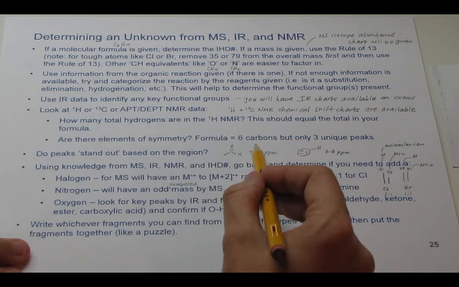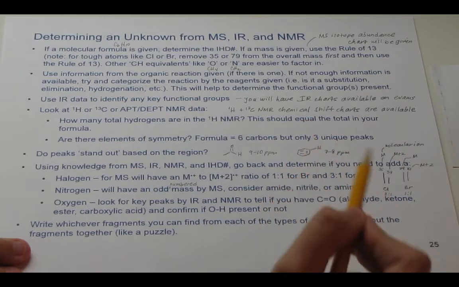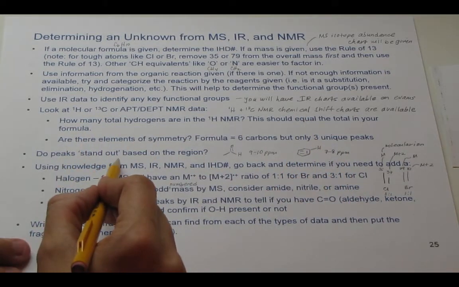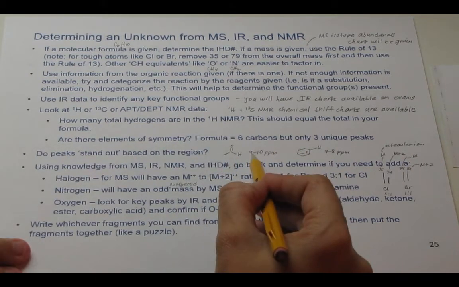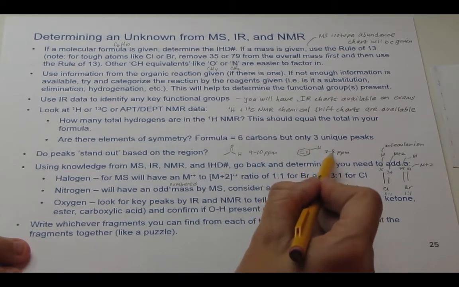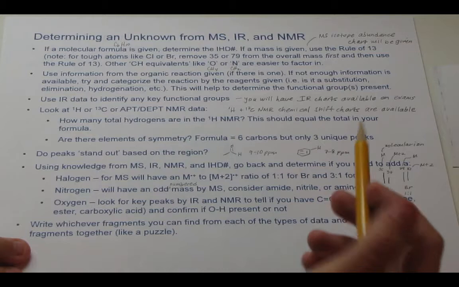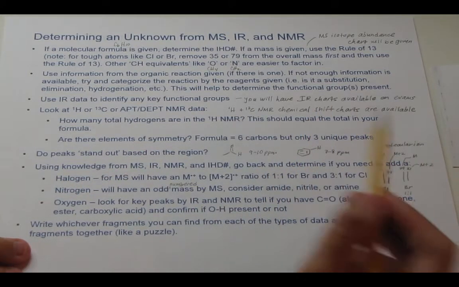So if you have 6 carbons in your formula but only 3 peaks in the carbon NMR, then you must have symmetry. Look for peaks that stand out because they're in ranges that are different than others. So an aldehyde H, for instance, is from 9 to 10 ppm, and an H attached to benzene is from 7 to 8 ppm. And again, that knowledge will come from your chemical shift chart.